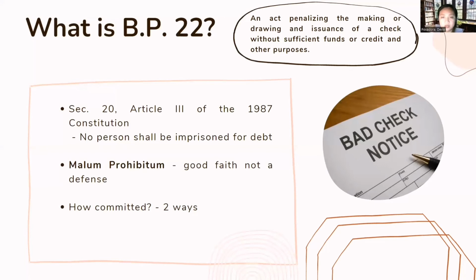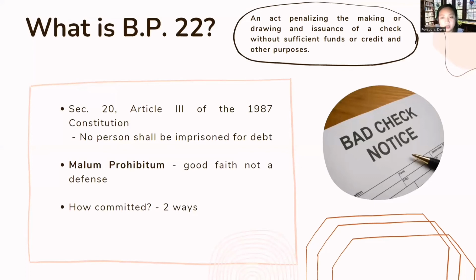Such check was subsequently dishonored by the drawee bank, even if the check was given in payment of a pre-existing debt. If, however, the check was issued simultaneously with the creation of an obligation, or the check is the reason for incurring or creating the obligation, then the issuer may be liable not only for BP 22 but also for violation of the provisions on estafa, which is a different crime.